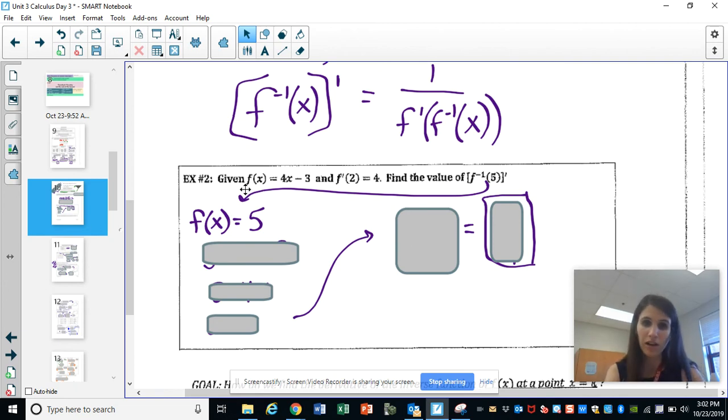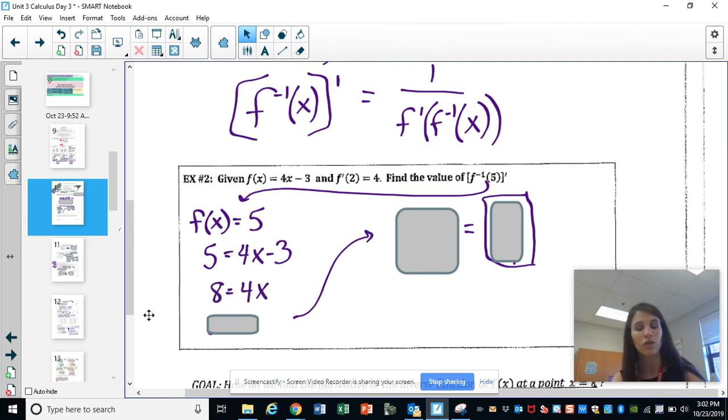So we just plug that in for f of x and solve for x. So 5 is equal to 4x minus 3. That means that 8 is equal to 4x, because we add 3 to both sides. So x is equal to 2. Now we've found that f inverse of 5 is equal to 2.